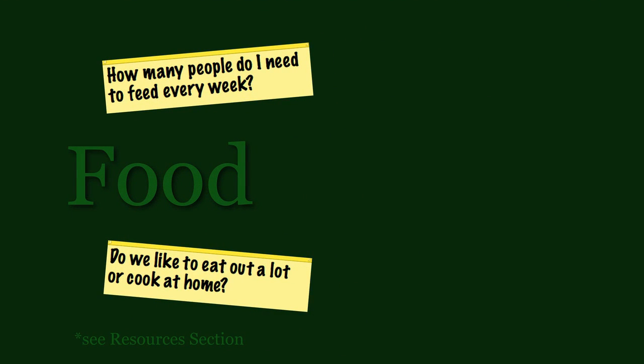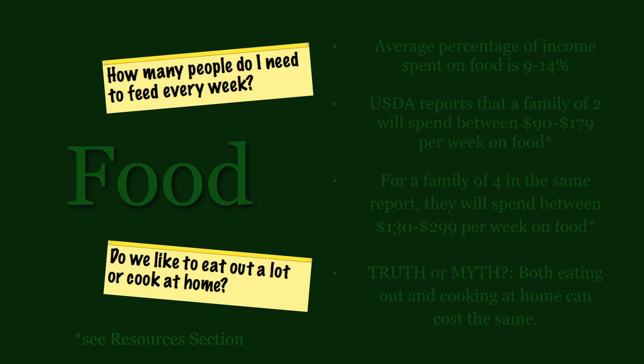If we look at food first, we are looking at those questions of how many people do I need to feed every week, and do we like to eat out a lot or cook at home? On average, people spend about 9 to 14% of their income on food. And the USDA reports that a family of two will spend between $90 and $179 per week on food.